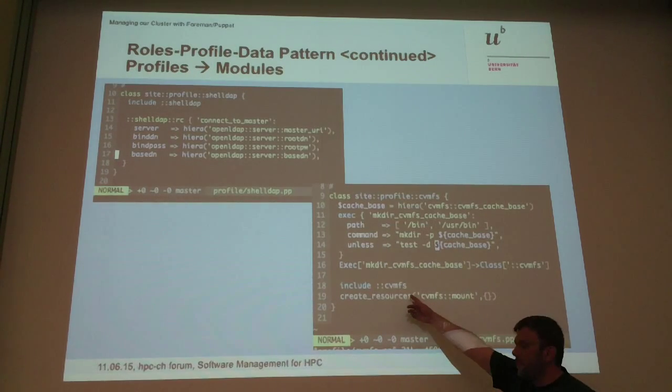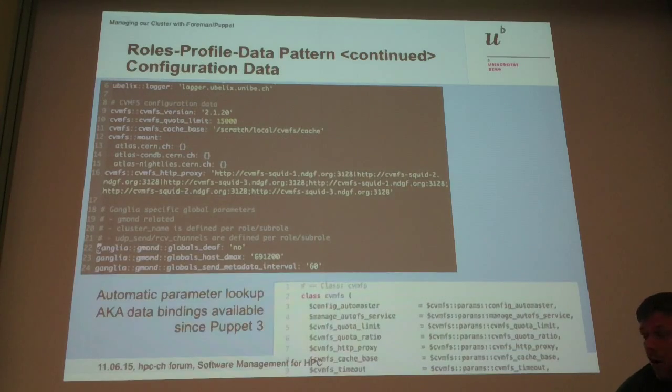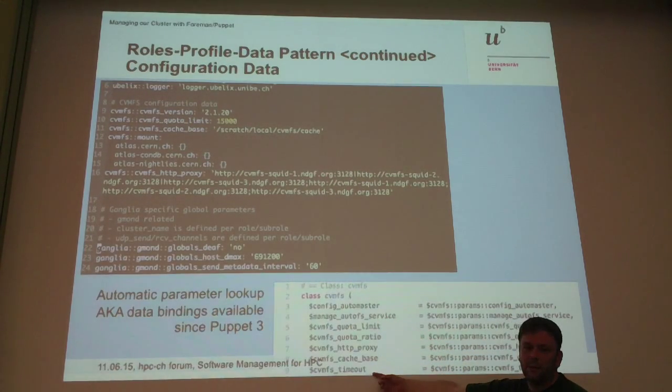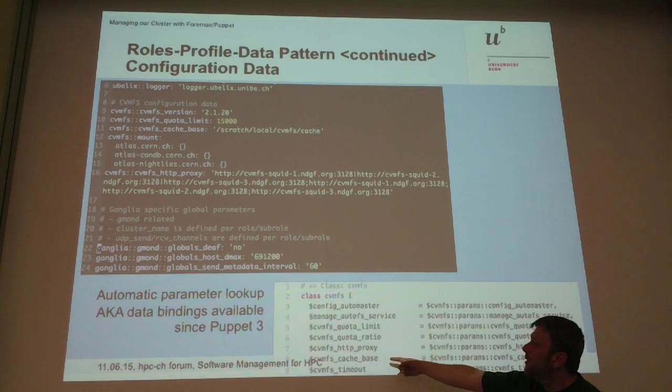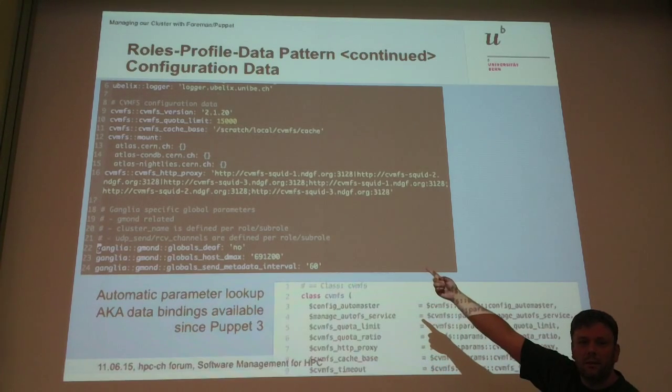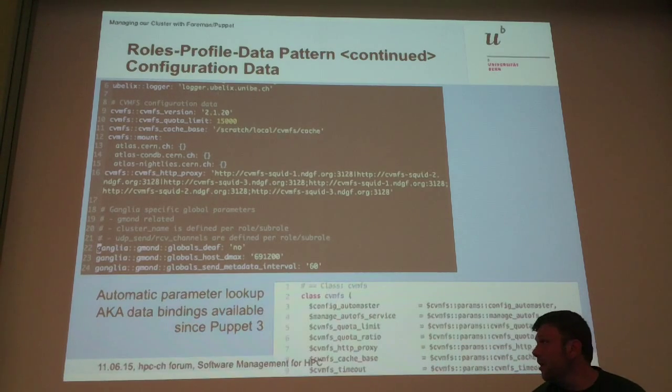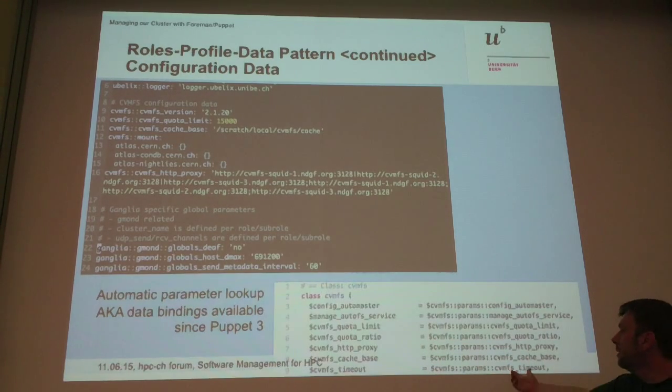Just include CVMFS, and all those parameters that could be provided are automatically mapped to what is found in the hiera file. If it's found, it will get into the class. If it's not found, the default is taken. So you have less to write, less boilerplate code. That's the configuration data.